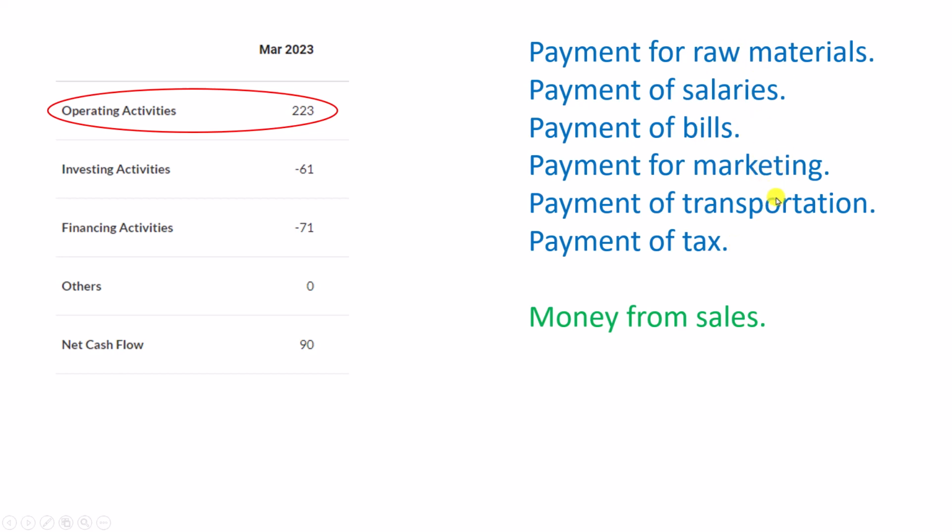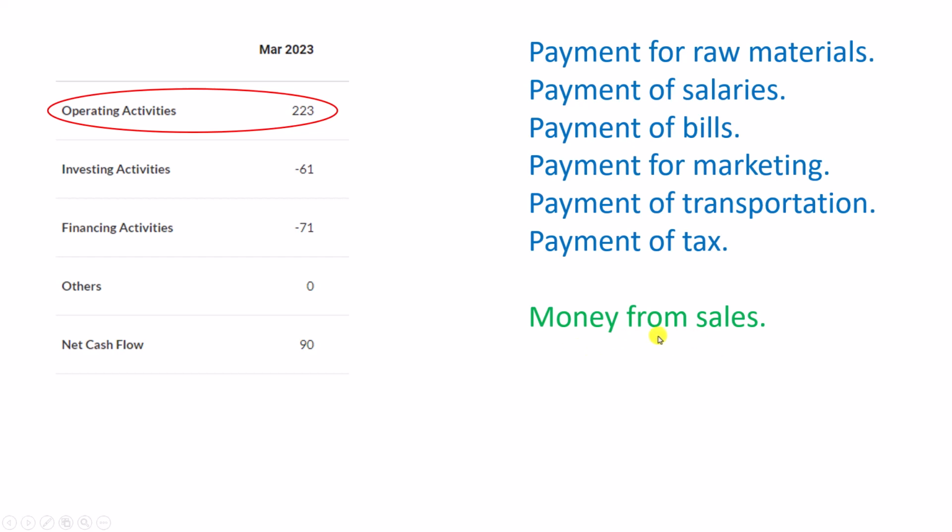And after they do all these, whatever money they get will be from selling the tractors. So basically, these are all the cash that is going out of the company, and money from the sales comes to the company.